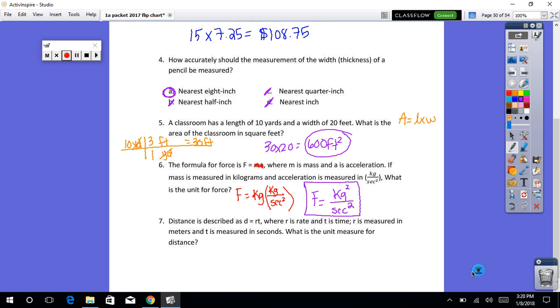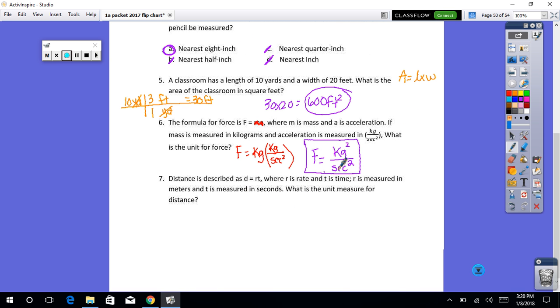Okay, same thing here. Number 7, we are replacing these variables with the measures they tell us. Okay, so I have d, distance is rate times time.